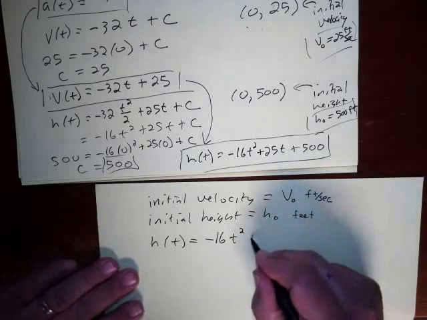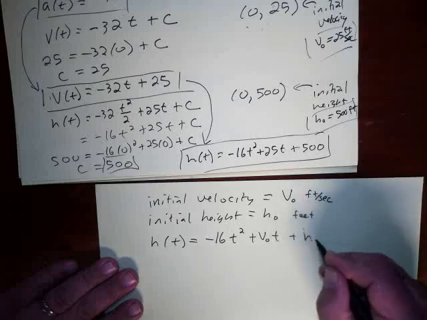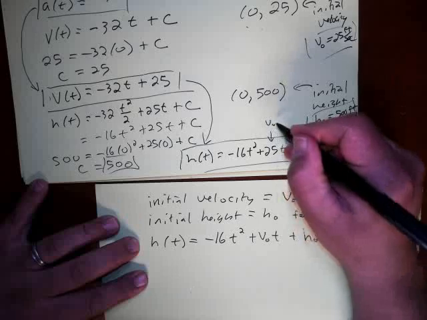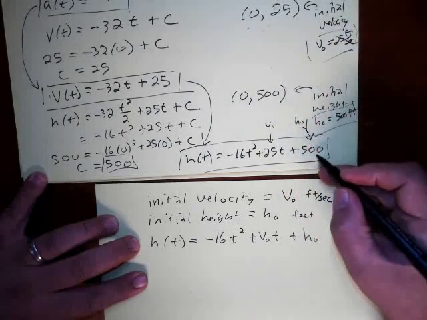Then we have this plus v naught t plus h naught. This is exactly what we have here. This is your v naught. This is your h naught, right?